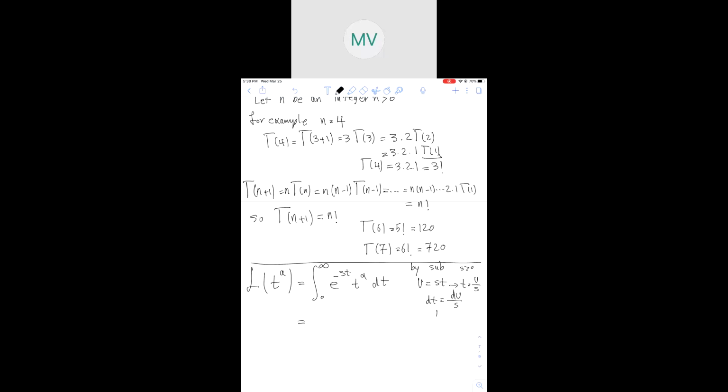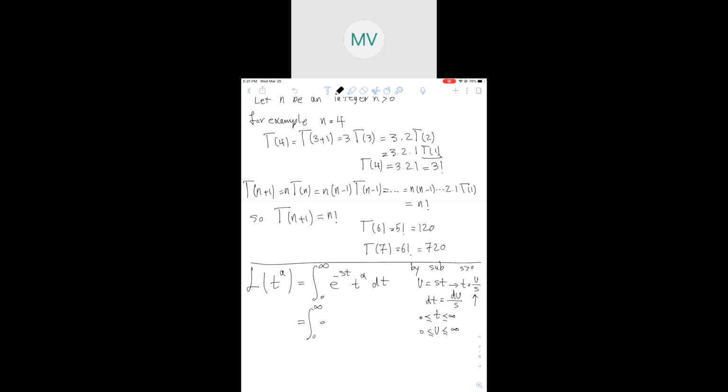S is bigger than 0, so for t between 0 and infinity, we can see u is also between 0 and infinity, because of this definition right here. All right, let's substitute.